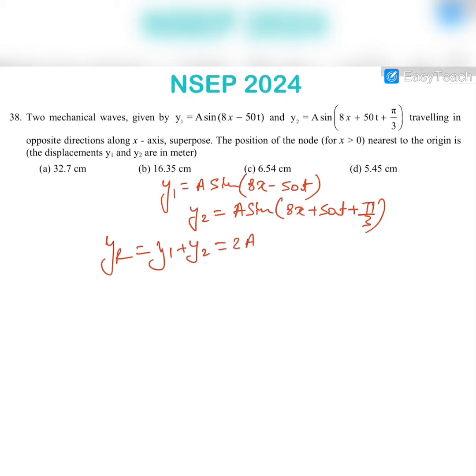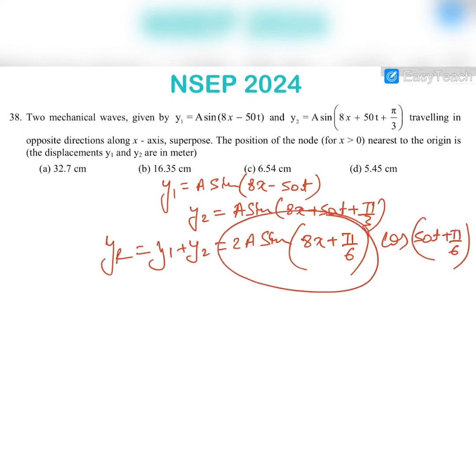So this is 2A sin(8x plus pi by 6) and cos(50t plus pi by 6). So this is the variable amplitude with displacement, and A as a function of x is 2A sin(8x plus pi by 6).